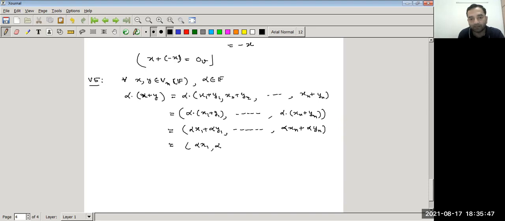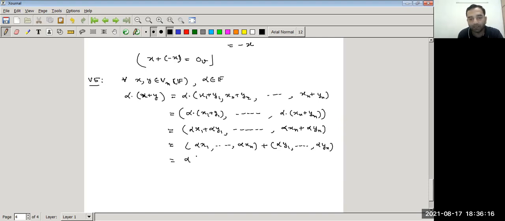Similarly we can define alpha x1 through alpha xn plus alpha y1 through alpha yn. We can take alpha common because we have already defined this.